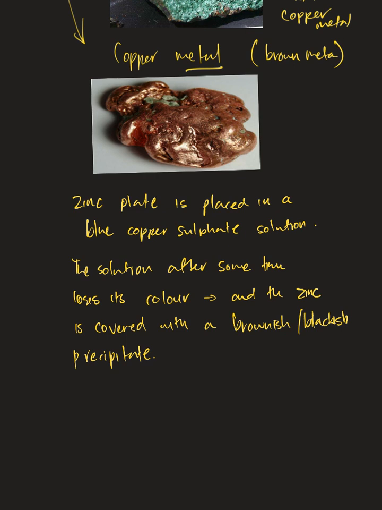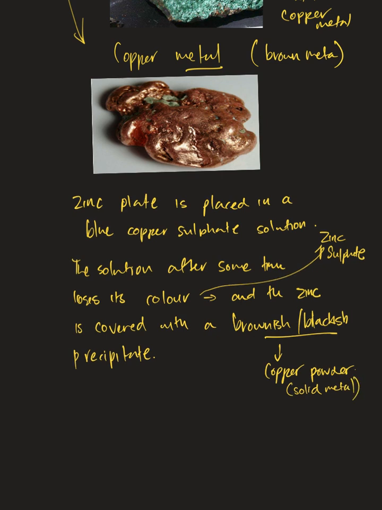So eventually the solution becomes clear, and what you end up with is that this thing that loses its color is zinc sulfate. We just discussed that. And this brownish reddish thing is a copper powder, because when we remove the water, you're now left with copper powder, which is a solid metal, and that's how we've extracted it.